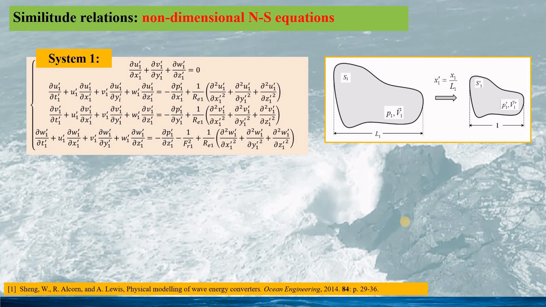Now we return back to the geometrically similar systems S1 and S2. For system 1, we can make the normalization for the system.